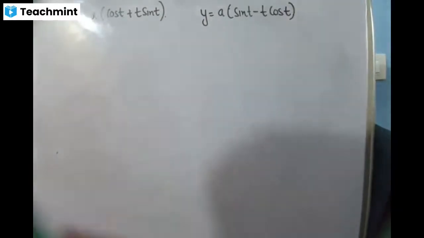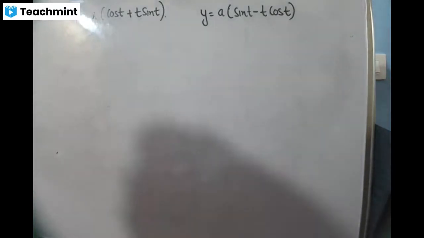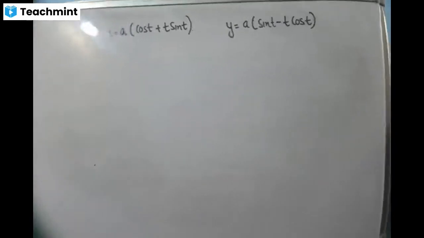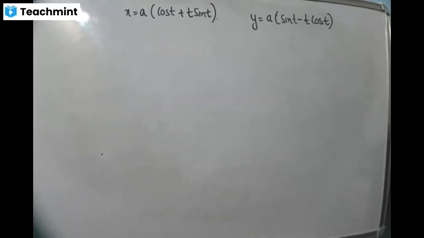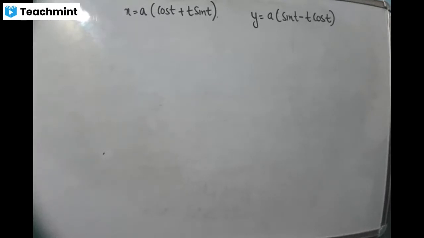I have to find the value of dy by dx. Everyone just pay attention. The question is x equals a(cos t plus t sin t) and y equals a(sin t minus t cos t).